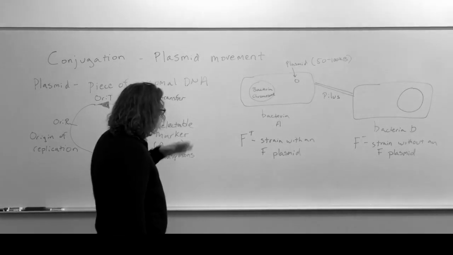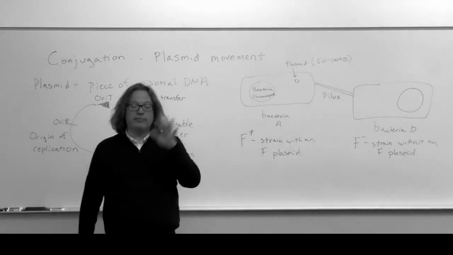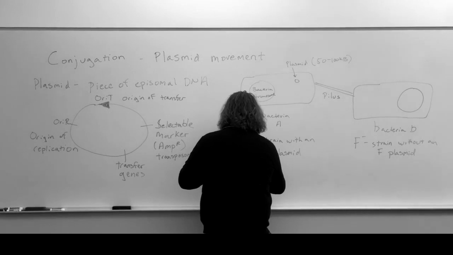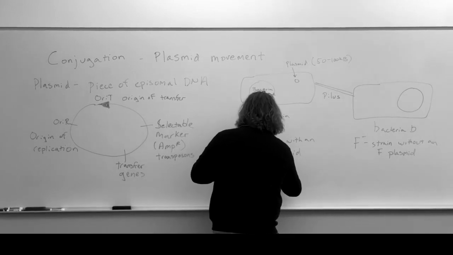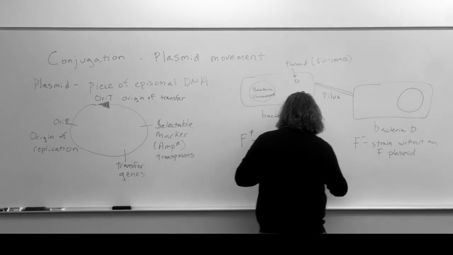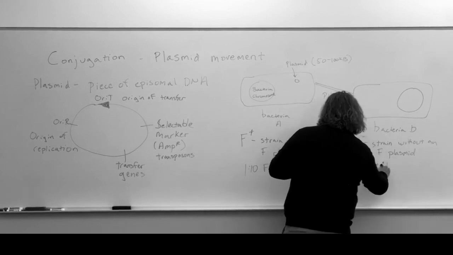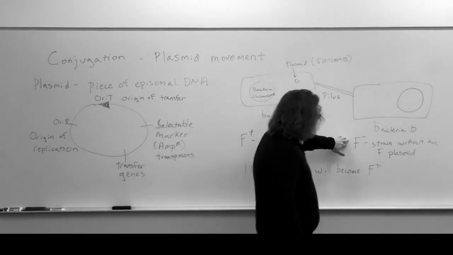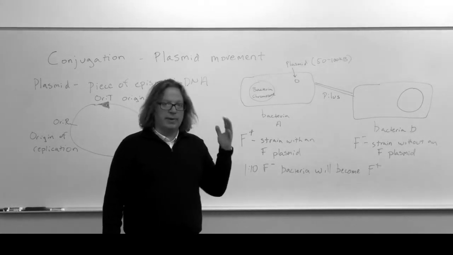So if you mix F plus bacteria with F minus bacteria, roughly 1 in 10 F minus bacteria will become F plus. So importantly, F minus will become F plus, but F plus doesn't become F minus.